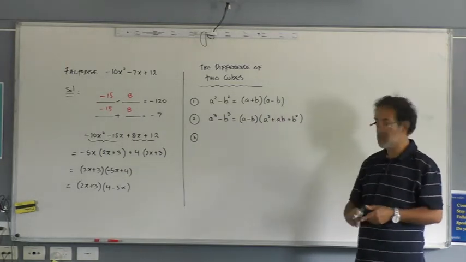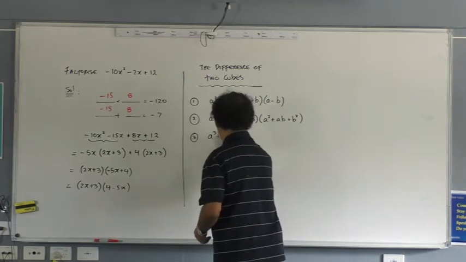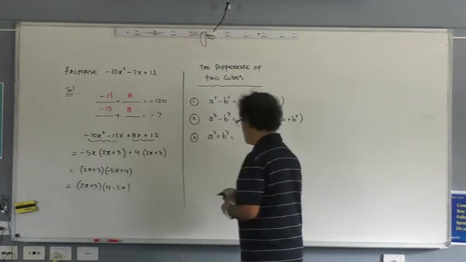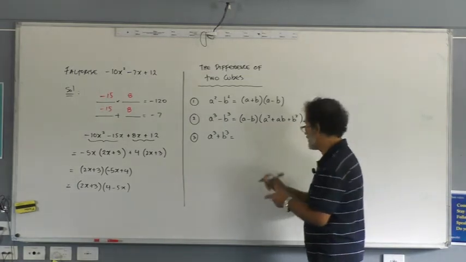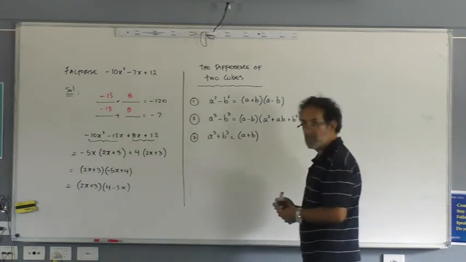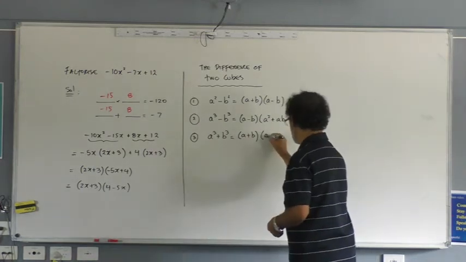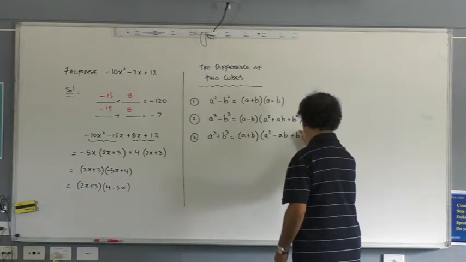And if it's a plus, pay attention because you're going to have another formula. Okay, so when you have plus, then the first bracket is addition, so it's a plus b. But in the inside is the opposite, so we're going to have a squared minus ab and then plus b squared.